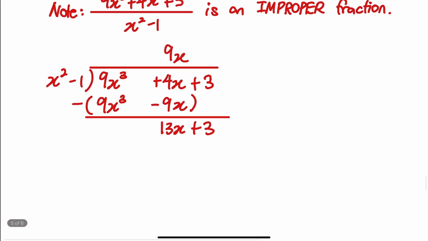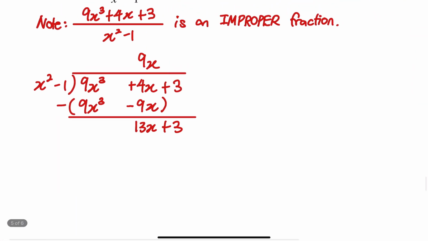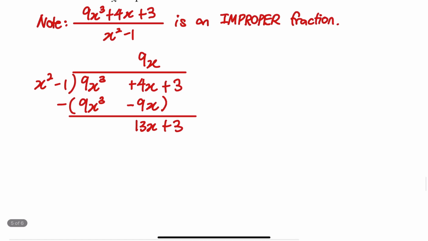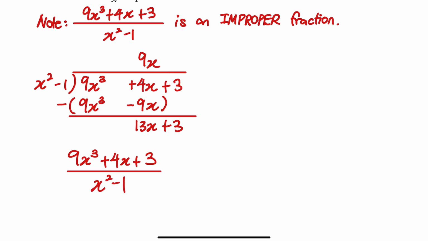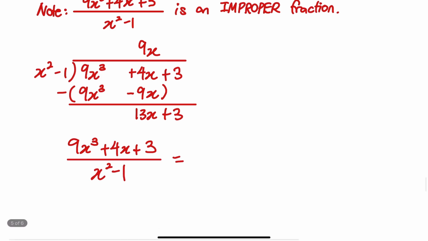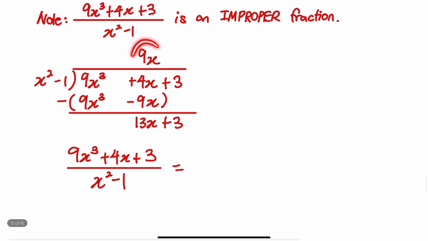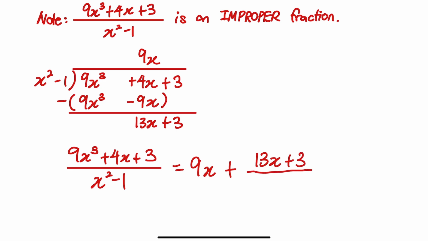So therefore, I can now rewrite 9x cubed plus 4x plus 3 over x squared minus 1. This can be rewritten into the quotient here, 9x, plus 13x plus 3, the remainder, divided by the divisor, which is x squared minus 1.